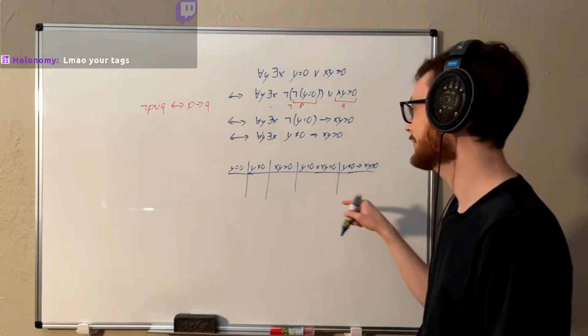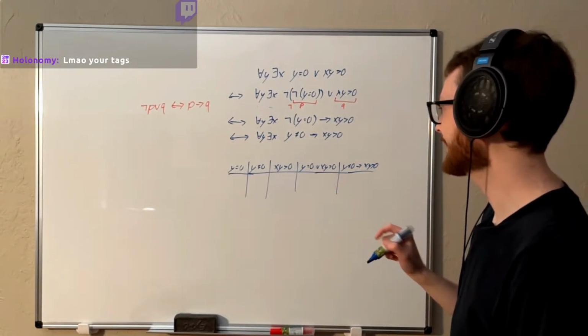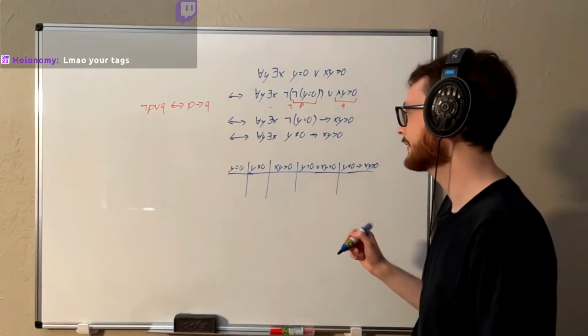I think you could do some kind of truth table like this, and you should get equivalent statements here.